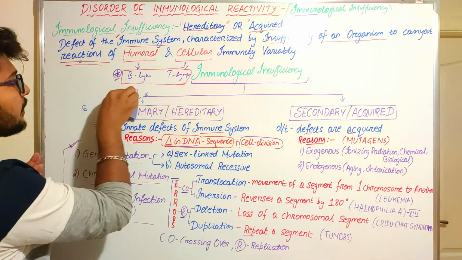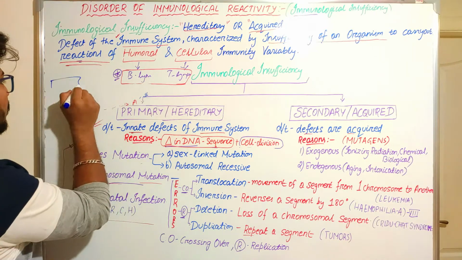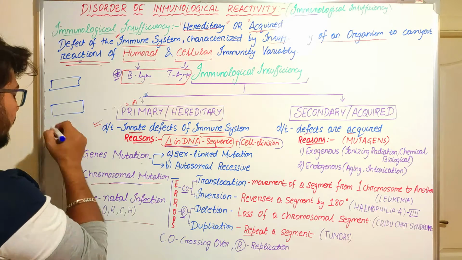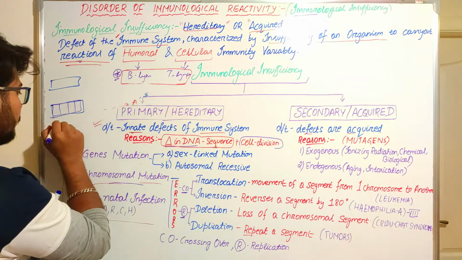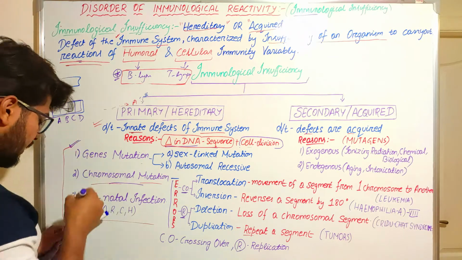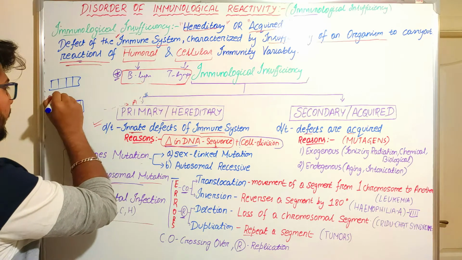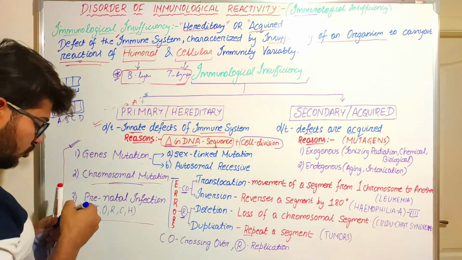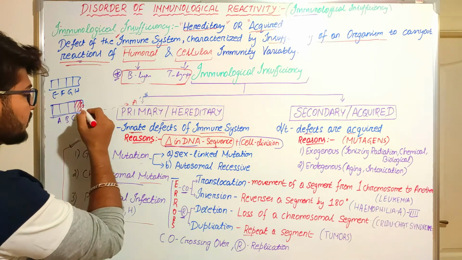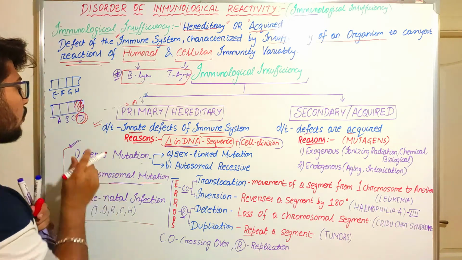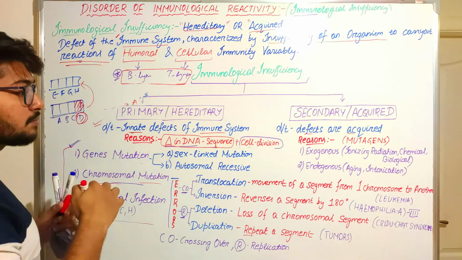Let's see this. Here is one segment and here is another segment, A, B, C, D and E, F, G, H. So what will happen during the process of translocation? Let's say this D part of the first chromosome will get transported.